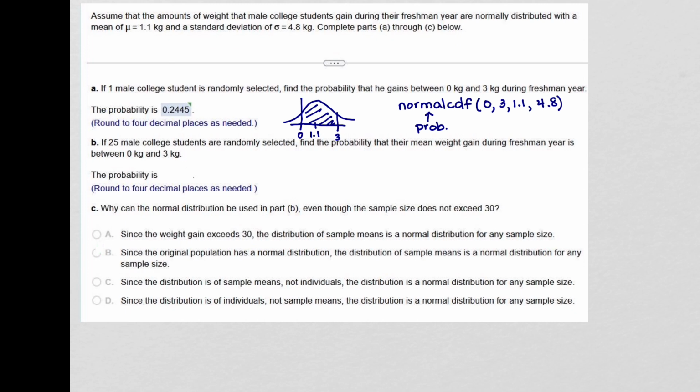In the next problem, we're going to contrast these two problems. It's a little bit different. Here it says if 25 male college students are randomly selected. So we're selecting a sample, and that's the key here.